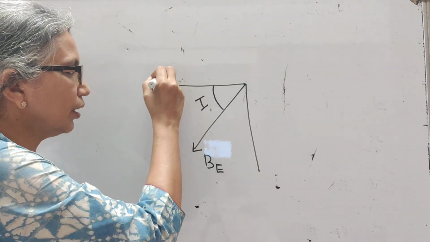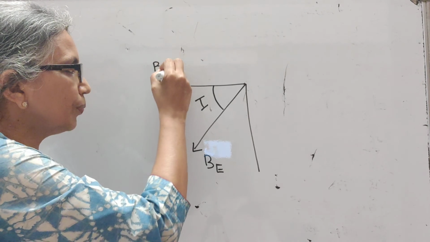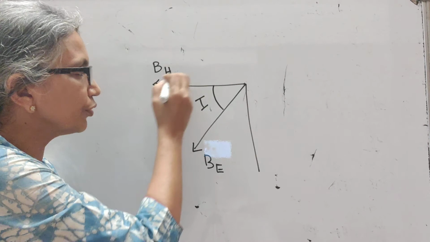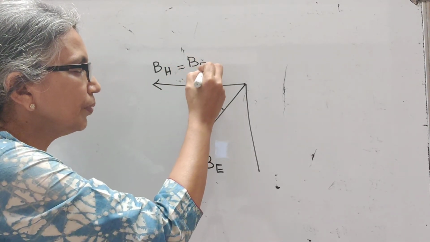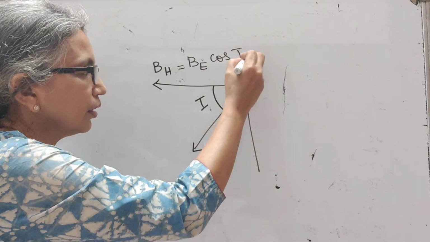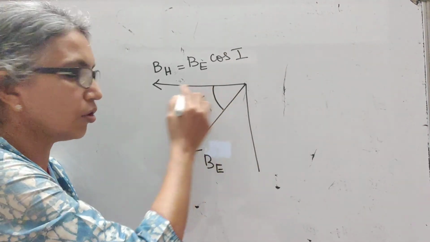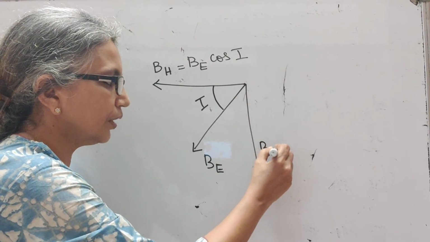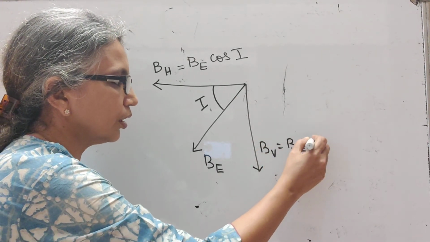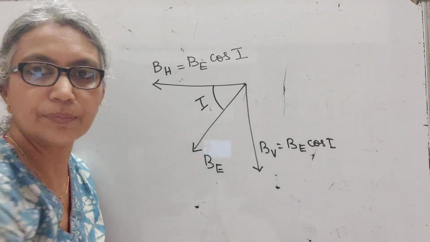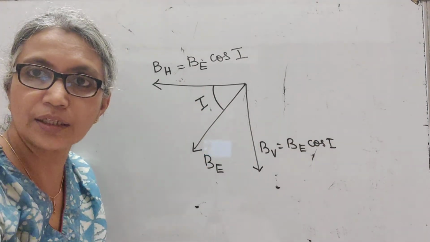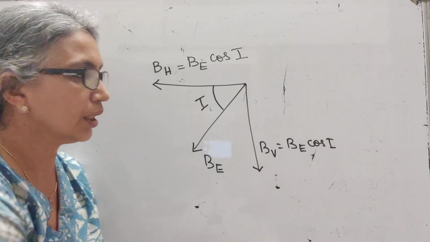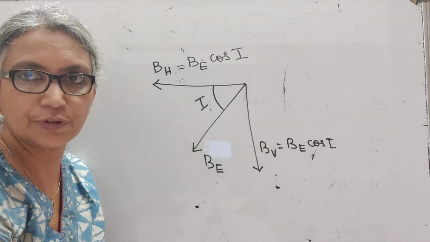Now this being a vector, I may take the horizontal component of the earth's magnetic field, called BH, which is parallel to the surface of the earth, and it will naturally be BE cos I. And this is the vertical component BV, which is equal to BE sin I. So please remember that BH is parallel to the surface of the earth, but BV is perpendicular to the surface of the earth, and BE is the total magnetic field of the earth.